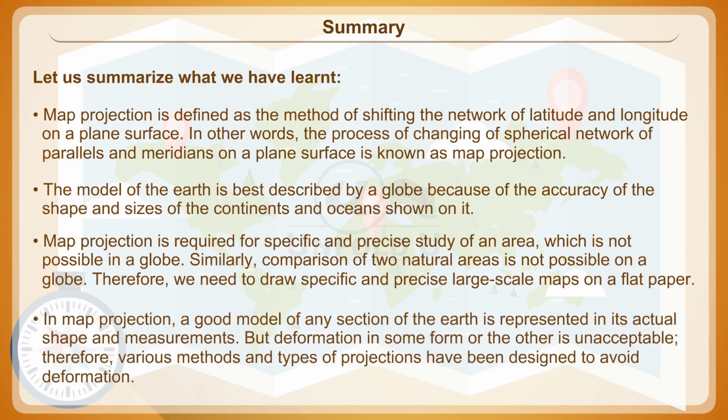In a map projection, a good model of any section of the Earth is represented in its actual shape and measurements. But deformation in some form or the other is unacceptable. Therefore, various methods and types of projections have been designed to avoid deformation.